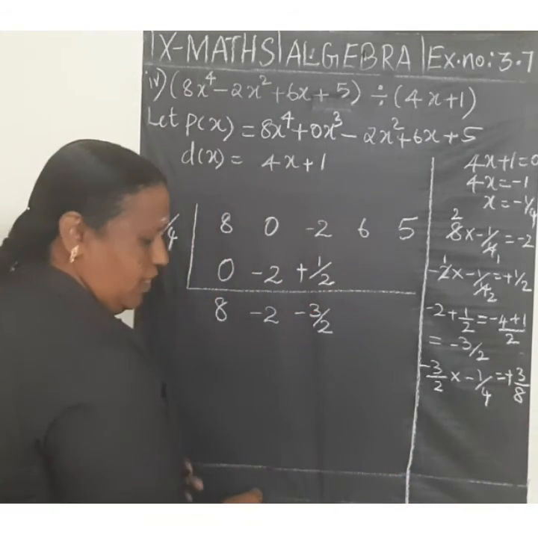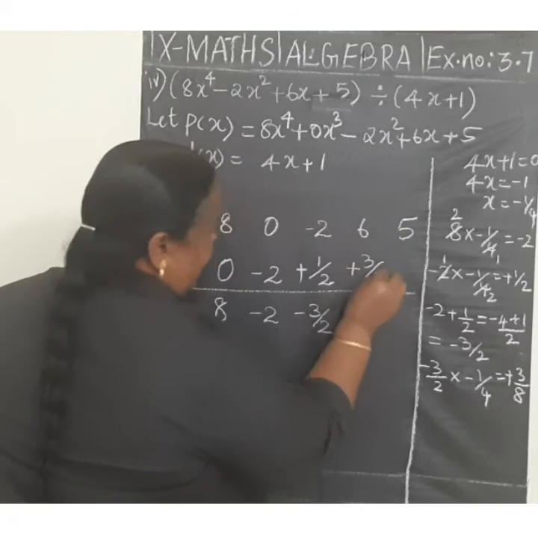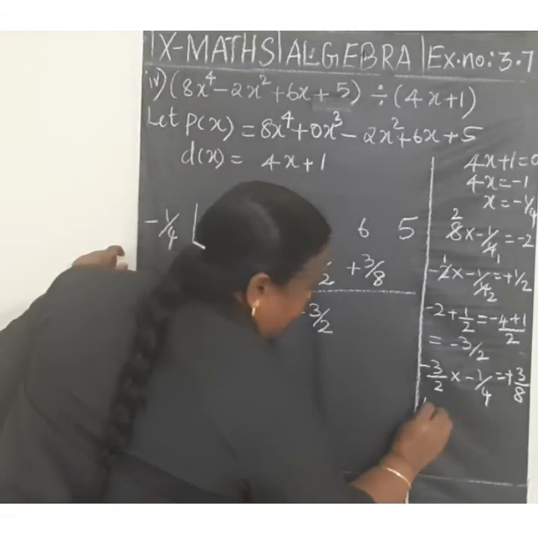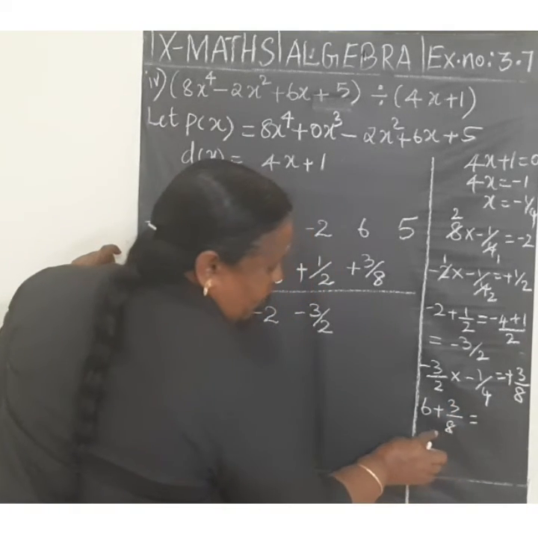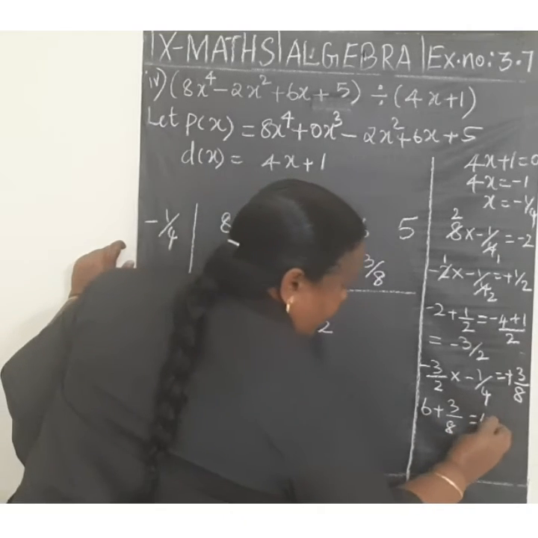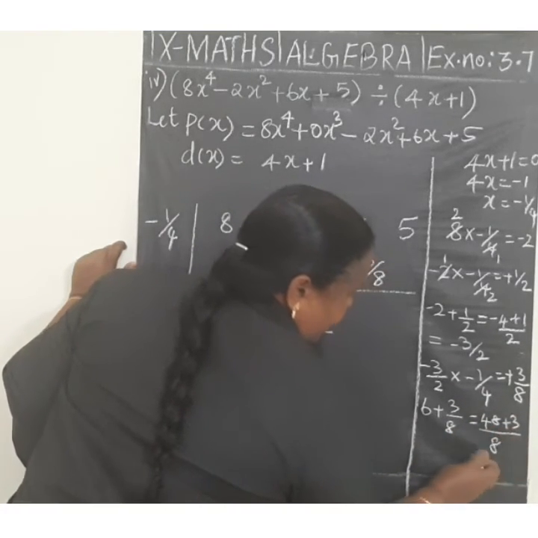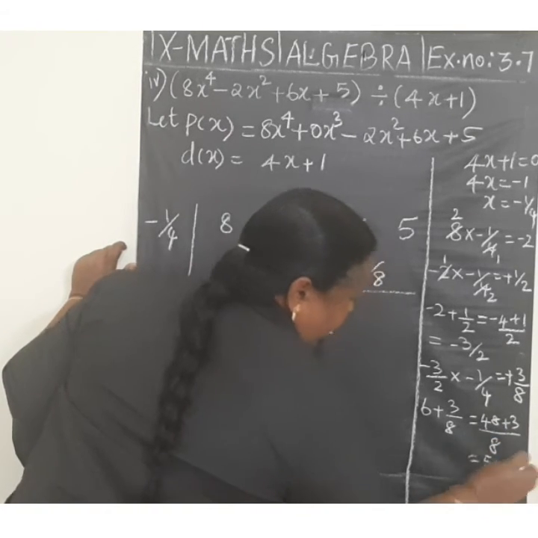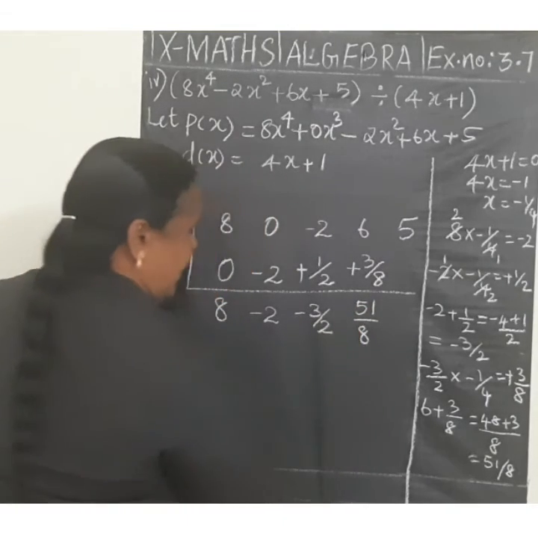So plus 3 by 8. Next we have to add this: 6 plus 3 by 8 is equal to, we multiply the 6 by 8, 48, plus 3 by 8, which is 48 plus 3, 51. So 51 by 8.